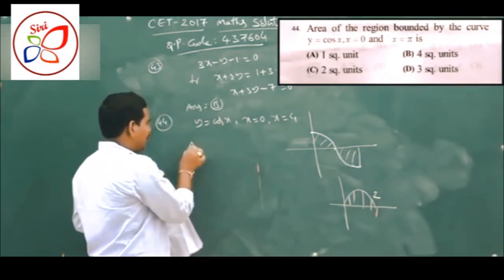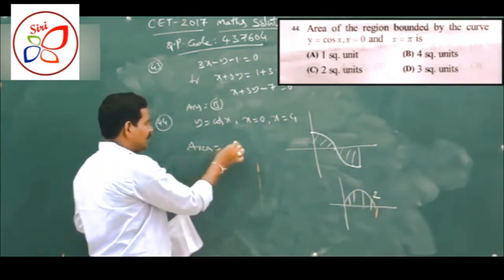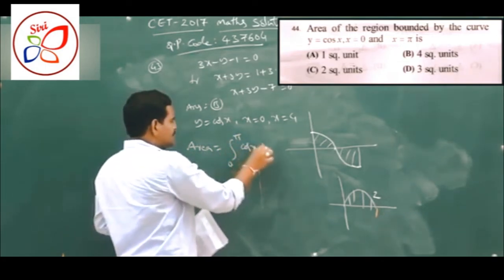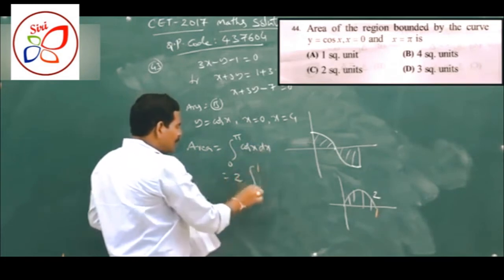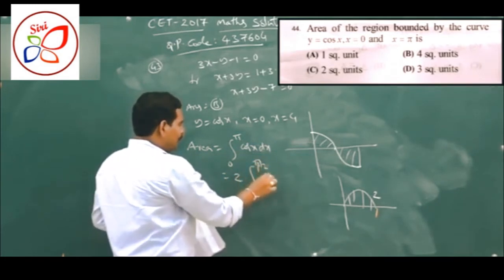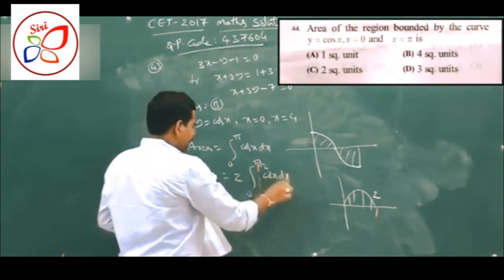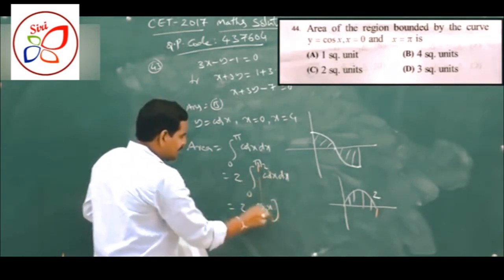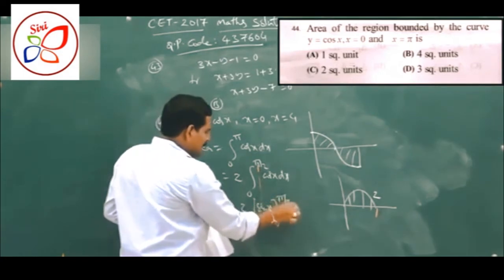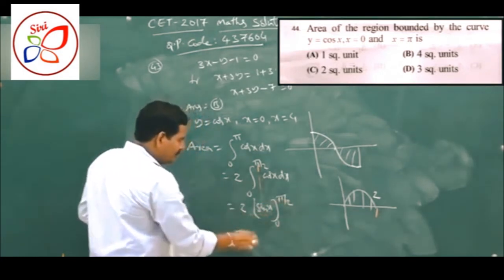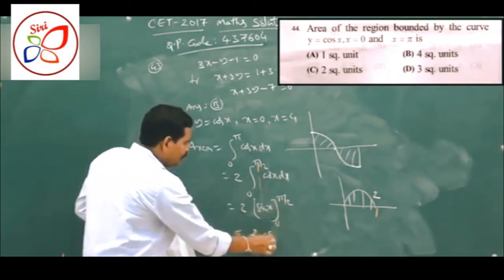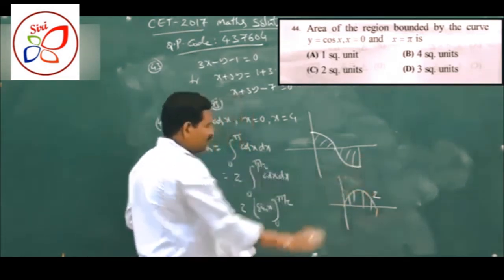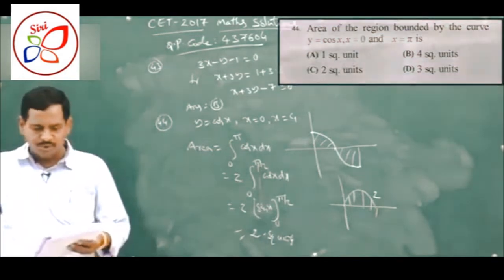Otherwise, the required area is equal to integral 0 to pi cos x dx, or 2 times integral 0 to pi by 2 cos x dx. 2 into integration of cos x is sin x between 0 to pi by 2. Sin pi by 2 is 1, sin 0 is 0, 1 minus 0 is 1, into 2 square units. Or directly, each arch area is 2 units, so the answer is 2 square units.